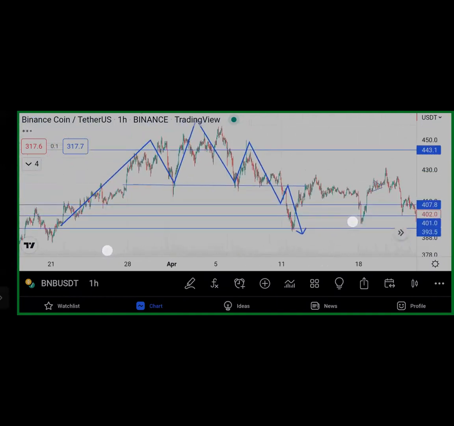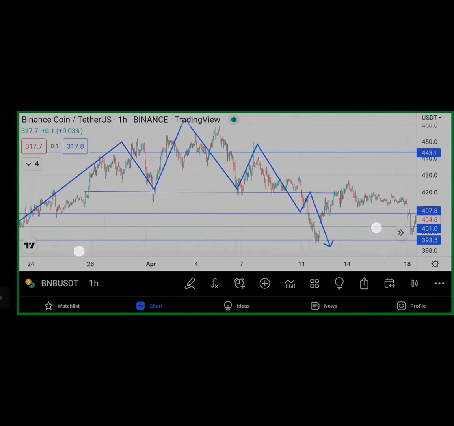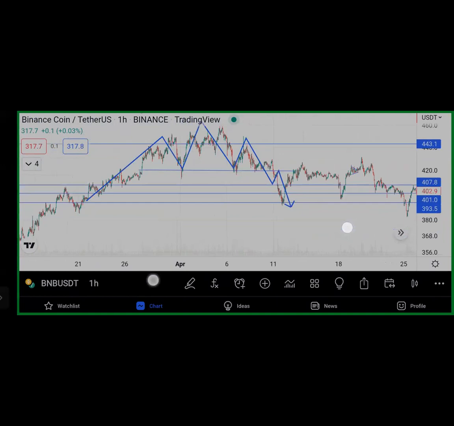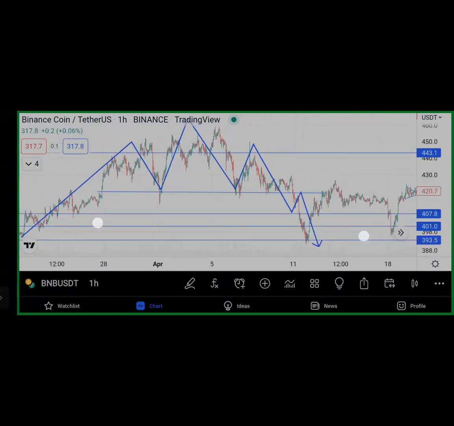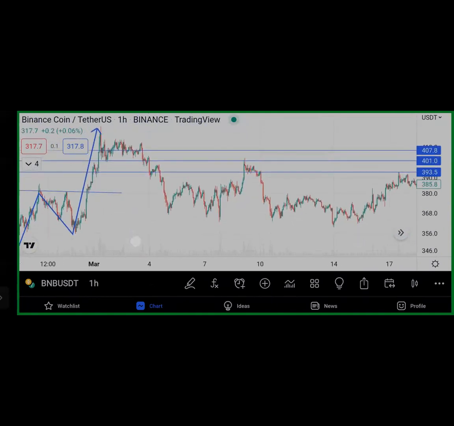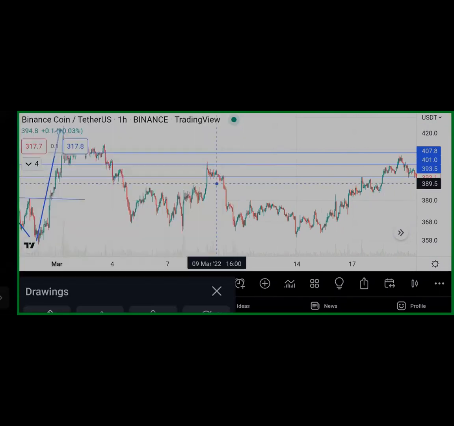Wow. This is a typical example of a head and shoulder pattern fully formed. You can see it was fully formed, but let's keep looking out for what we want. Let me see if I have one here.